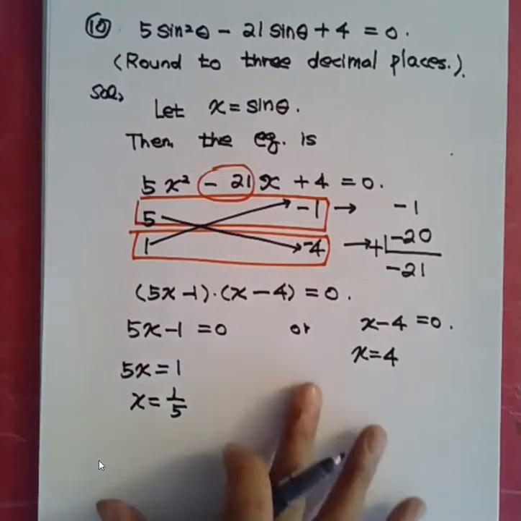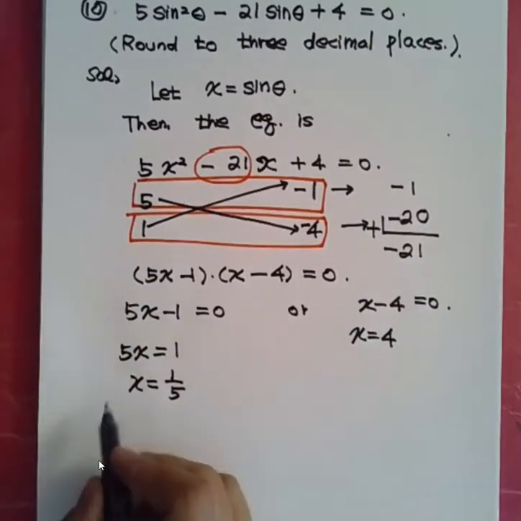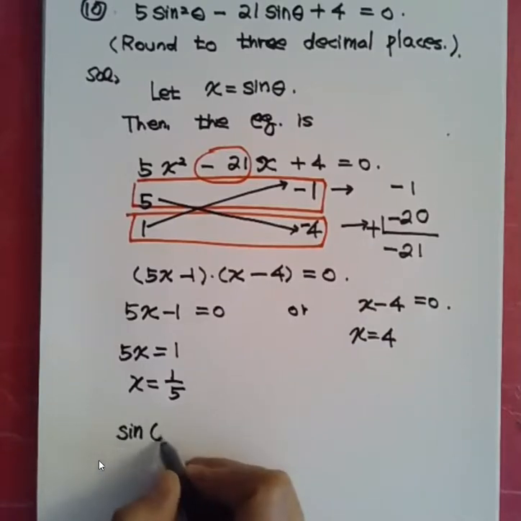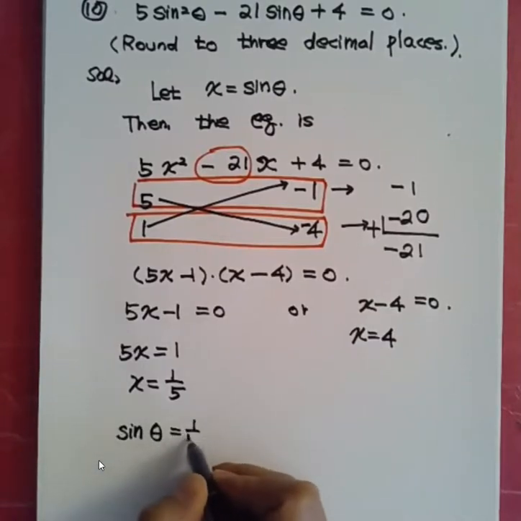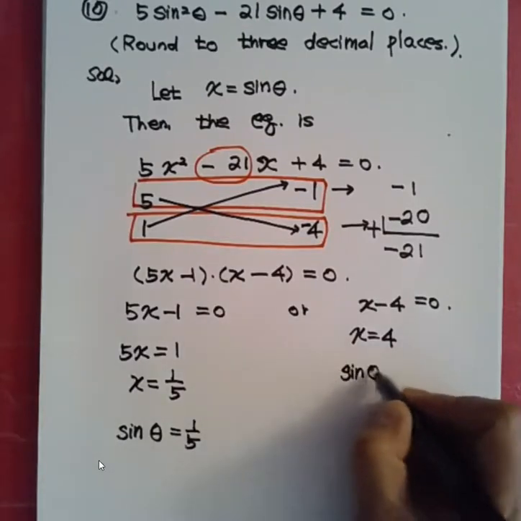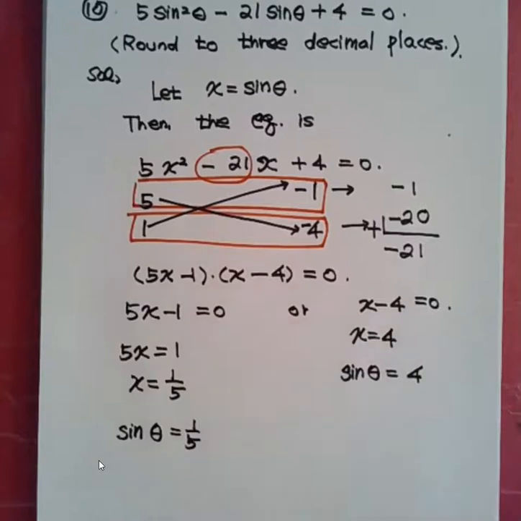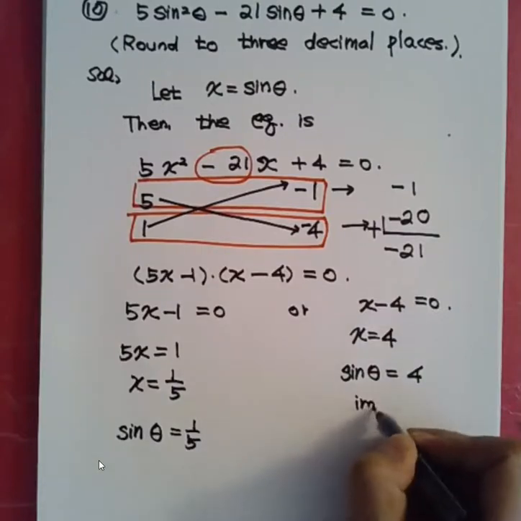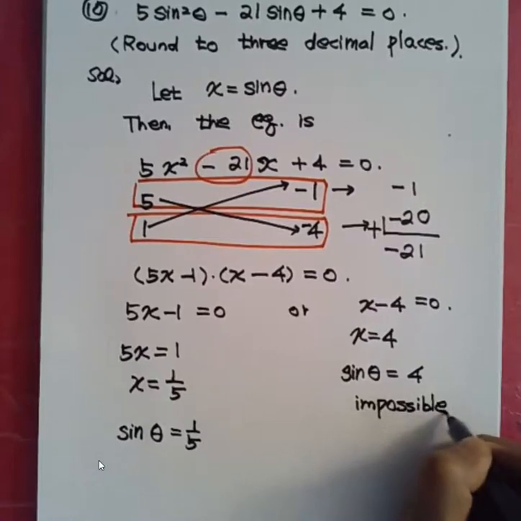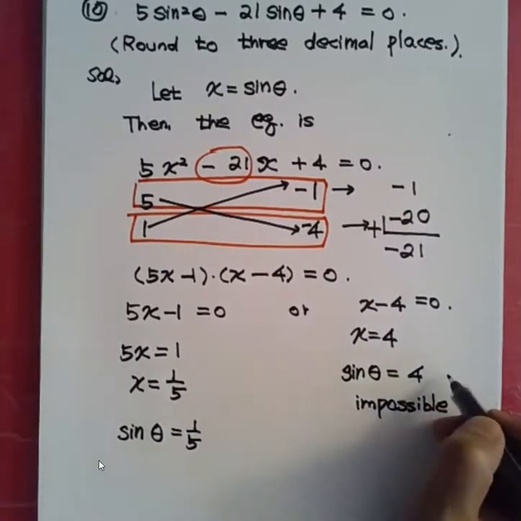Then we get the sine values. The first one indicates sine of theta equals 1 over 5. The second one is sine of theta equals 4. This case is impossible because the maximum value of sine is 1.